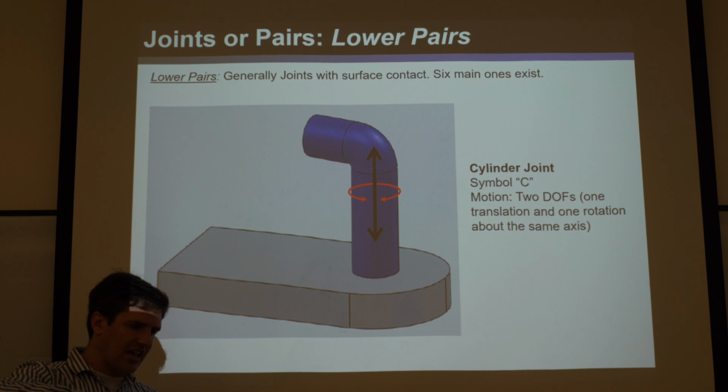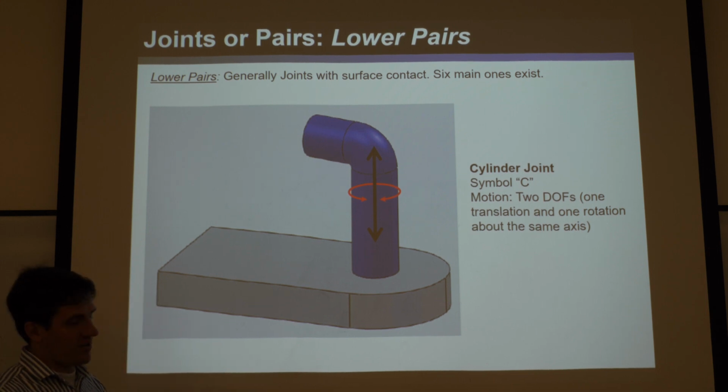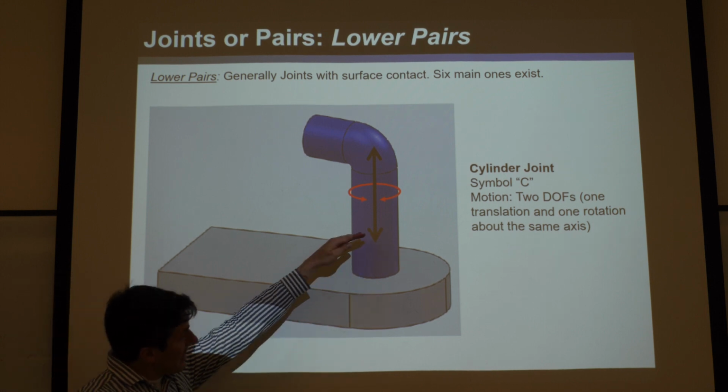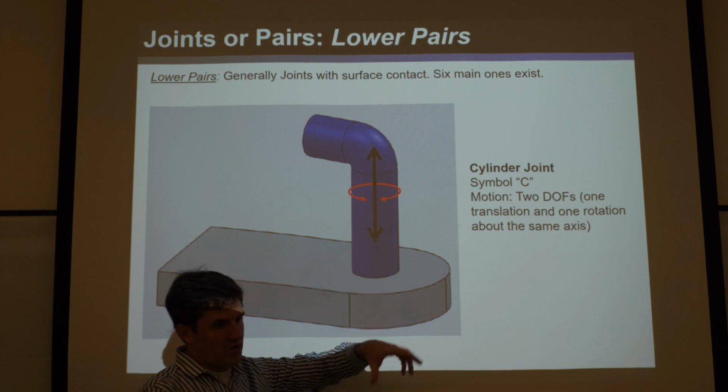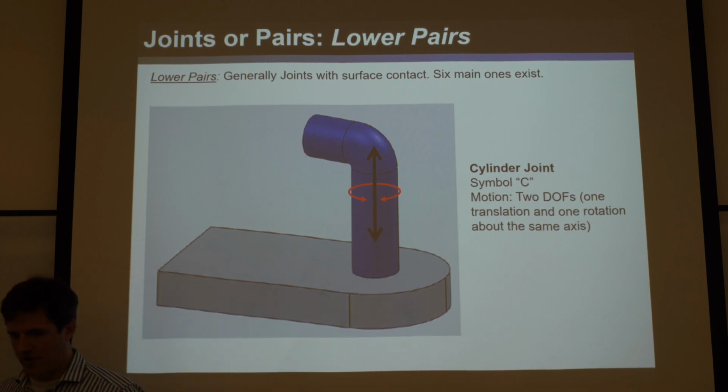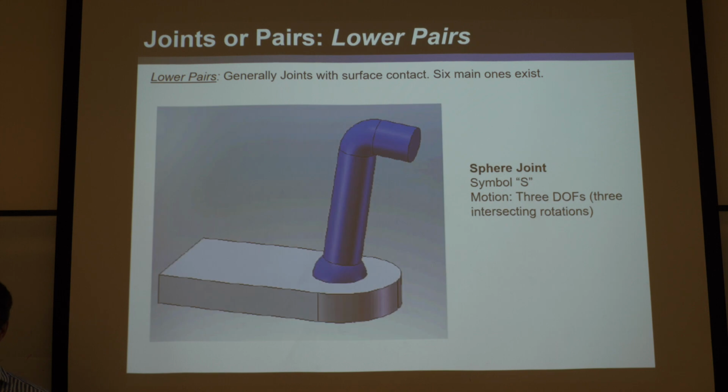Unlike the helical joint, where the rotations and translations are locked together with a certain pitch, here you could independently translate, or not translate, independently rotate, or do them in different combinations. So there's 2 degrees of freedom. But again, the thing that makes a lower pair has nothing to do with the number of degrees of freedom. It's just the surface area contact.